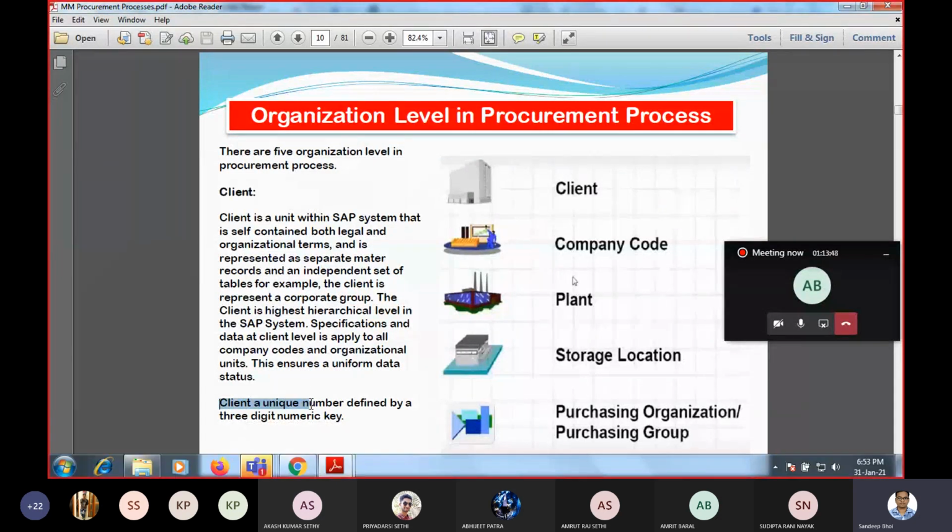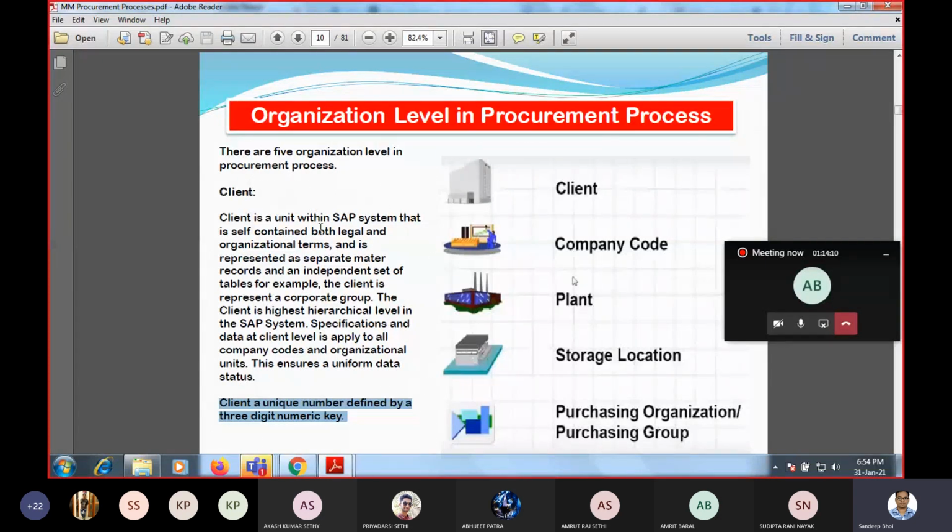A client is a unique number defined by a 3-digit numeric key only, not alphanumeric. Try to see this concept: a client is a unique number defined by a 3-digit numeric key. That is what you need to understand.